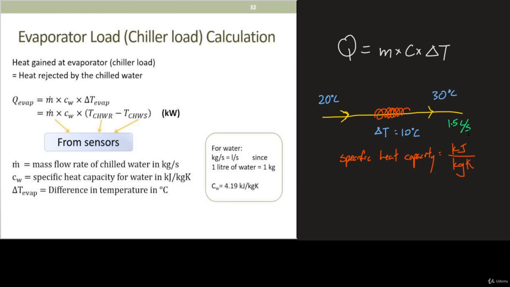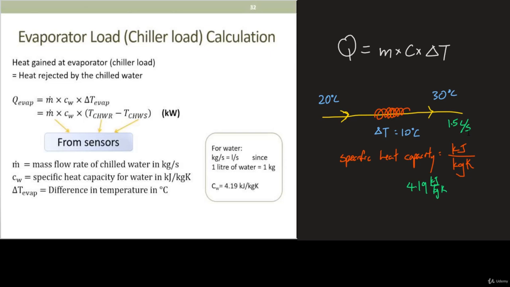If a fluid gains heat very fast, it will have a very high specific heat capacity. For water, it is a constant value, 4.19 kilojoules per kg Kelvin.